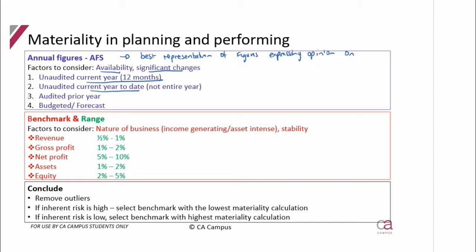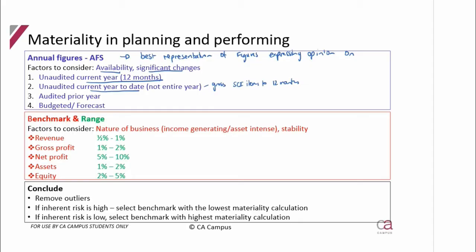So then you're going to want to choose the unaudited current year to date and just gross up your statement of comprehensive income items to 12 months. You don't change your account balances, you just gross up the income items and expenditure items because those change monthly.